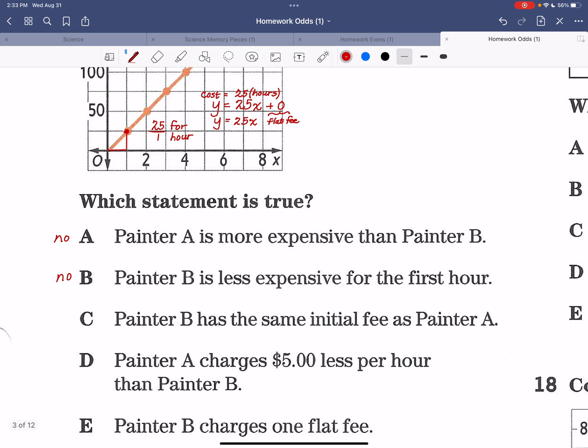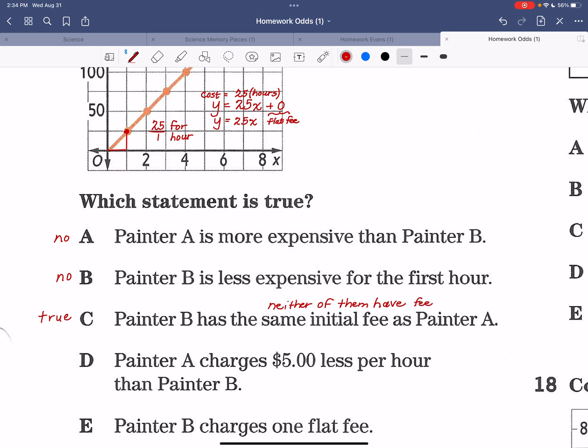Painter B has the same initial fee as painter A. That's true. This is kind of tricky because neither of them have an initial fee. So they are the same. Both of them are 0, but neither of them charge an initial fee.